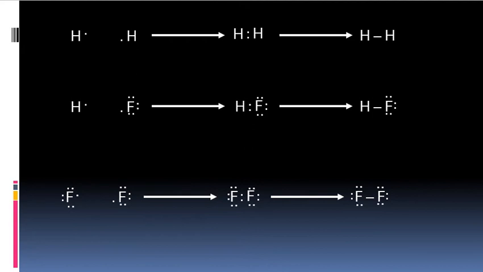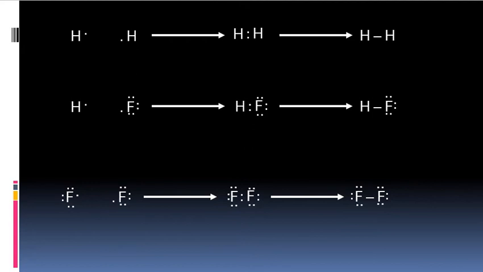And well, fluorine difluoride, essentially each fluorine atom will approach each other and 1 electron from each fluorine will become localized or contained in an area between both fluorine atoms, thus forming a bond between the 2 fluorines.